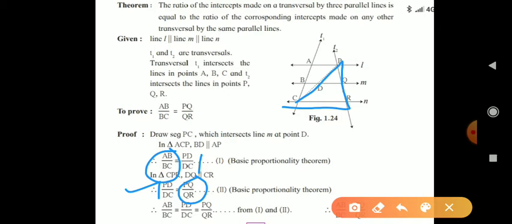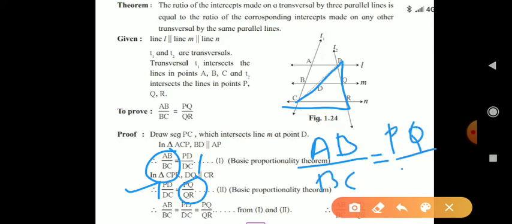So shortly we write AB upon BC is equal to PQ upon QR. Thus we prove that the intercepts made by the transversals are in equal ratio. This is the theorem of three parallel lines and their transversal.